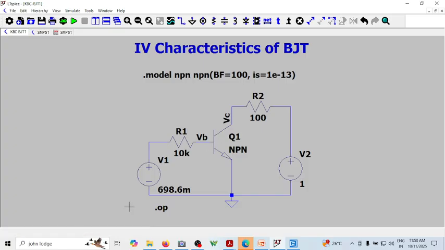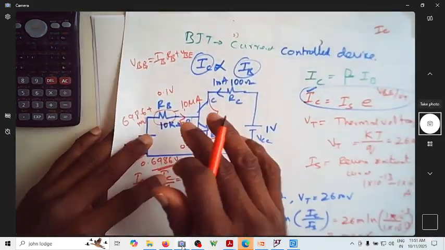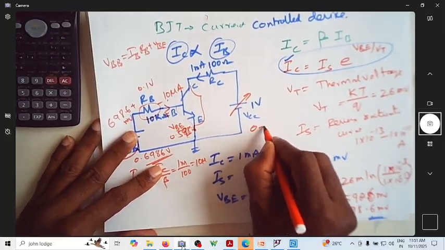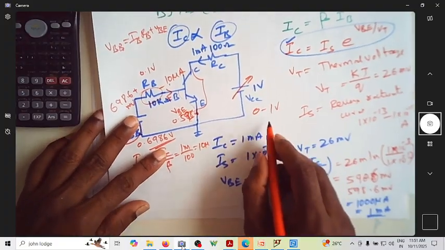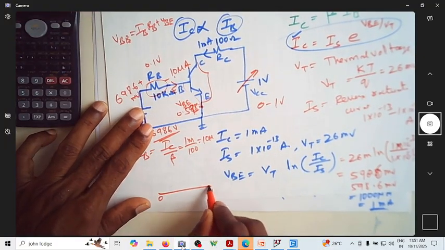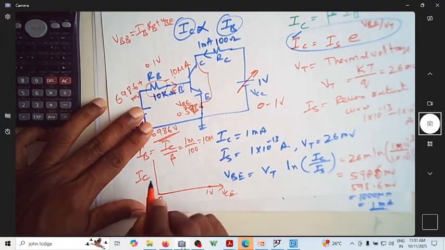So what I can do is a simulation where I vary the voltage like this. I will vary this voltage from 0 to 1 volt, which is nothing but VCE. I will see how your IC changes.